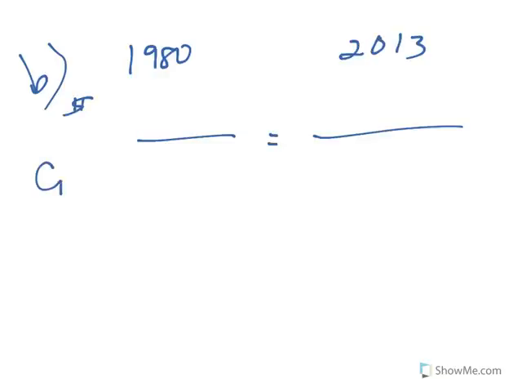Let's use the CPI table to determine whether minimum wage has kept up with inflation. So we know what it was and what it is, but how does that track with inflation? I'm going to start with 1980, and I'm comparing this to 2013. I know my years, so I'm thinking money to CPI. I know in 1980 it was $2, and I know the CPI in 1980 is 82.4. Well, we're comparing.